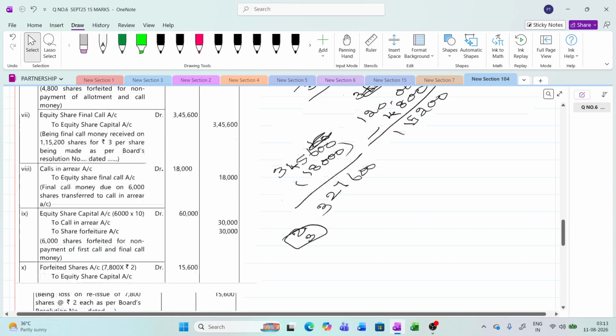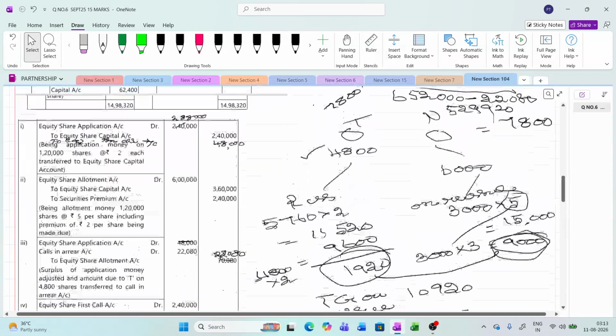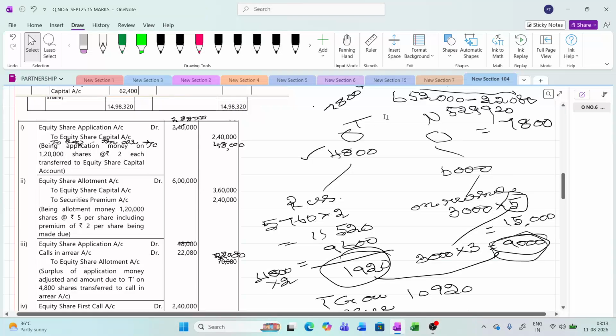Now we have to find out the capital reserve. That's also very, very easy. Now there are two persons, T and N. He was allotted 4,800 shares and he was allotted 6,000 shares. So first we will calculate for him. Reissue is only for 3000 shares. How much has he paid per share? 5 rupees. So the total forfeited shares account is 15,000, but you don't go into that.